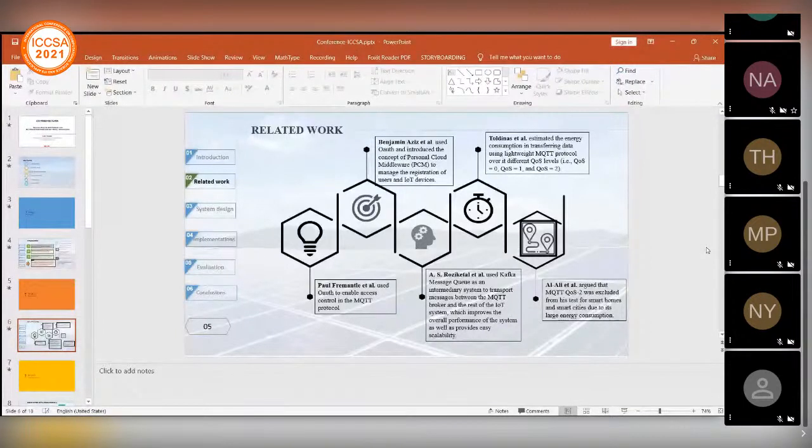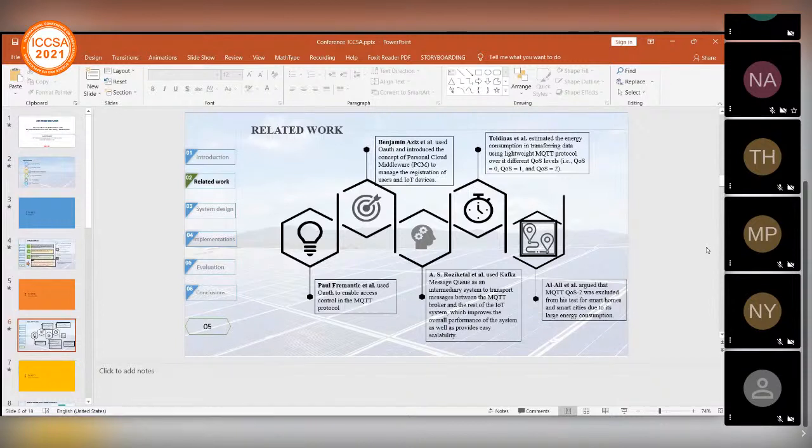This helps improve the performance of the system as well as provide easy scalability. Another work estimates energy consumption across the MQTT QoS levels. And finally, another work argued that MQTT QoS 2 should be removed from the stack because it has large energy consumption.